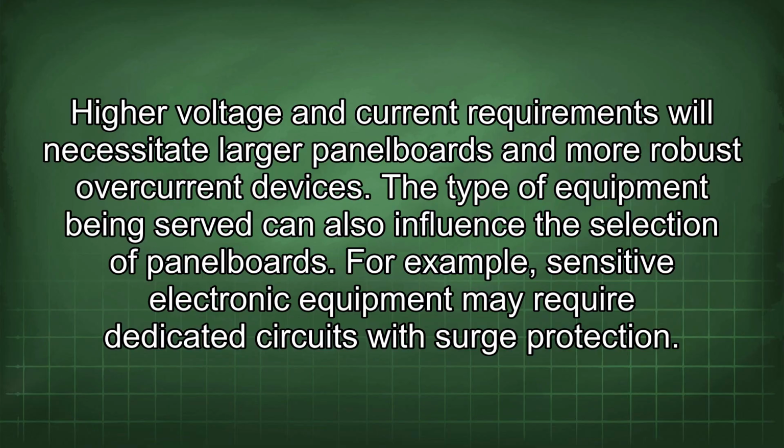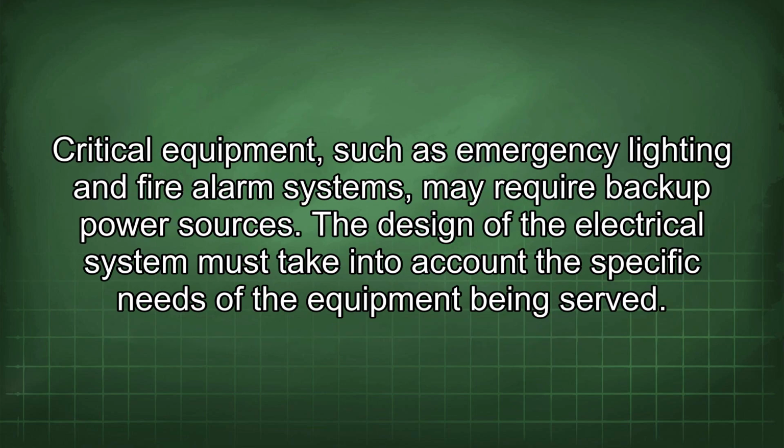The type of equipment being served can also influence the selection of panel boards. For example, sensitive electronic equipment may require dedicated circuits with surge protection. Critical equipment, such as emergency lighting and fire alarm systems, may require backup power sources. The design of the electrical system must take into account the specific needs of the equipment being served.